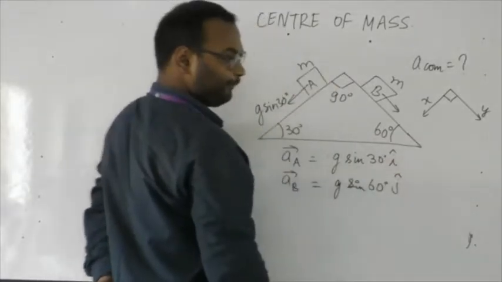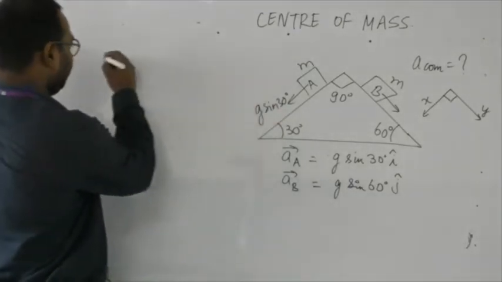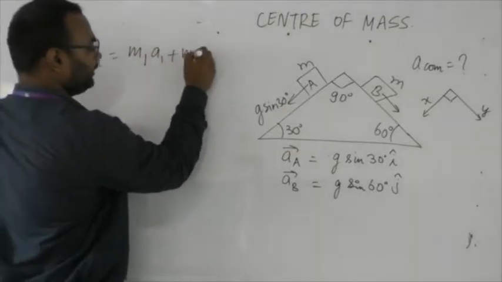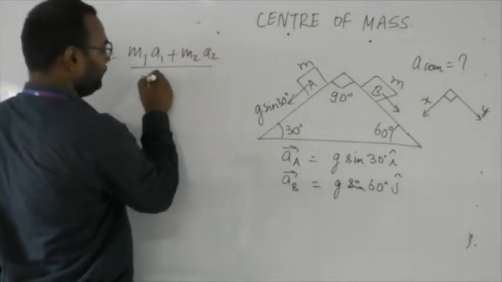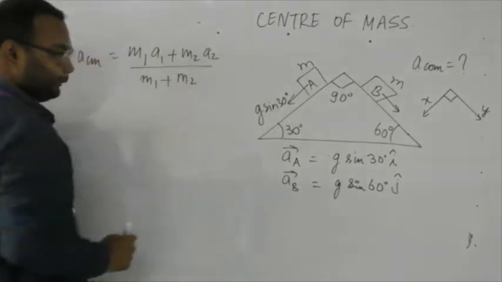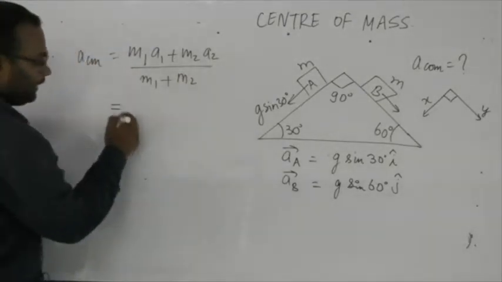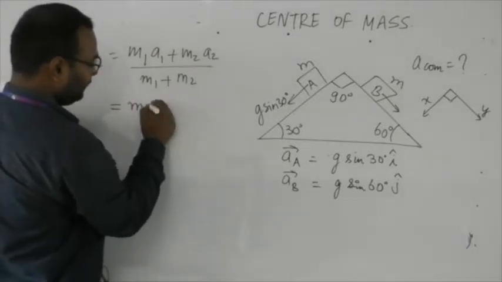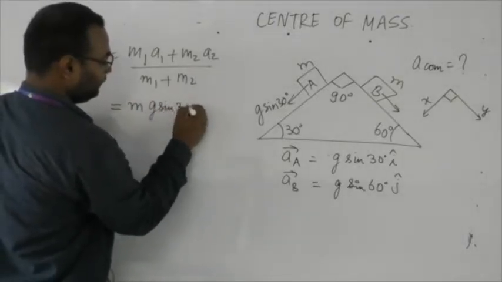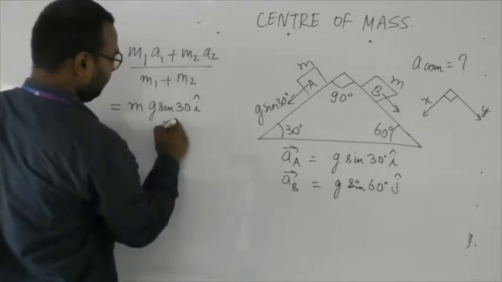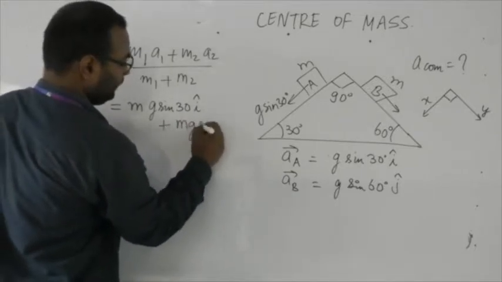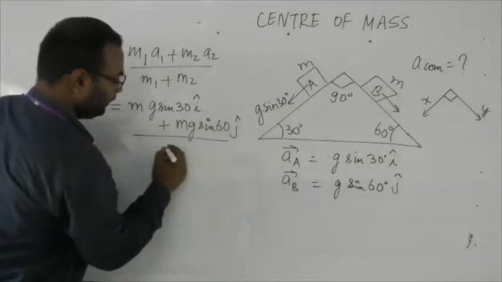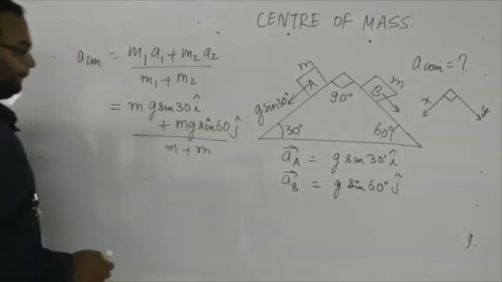Right? Now we write the acceleration of center of mass as m1 a1 plus m2 a2 upon m1 plus m2. Now m1 and m2 have the same mass, so m times g sine 30 i cap plus m g sine 60 j cap upon m plus m.